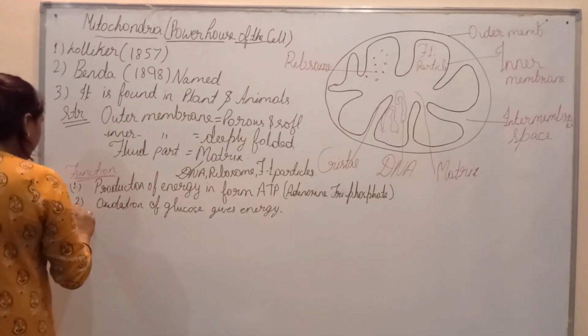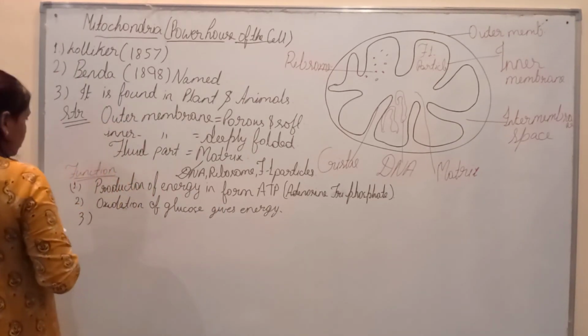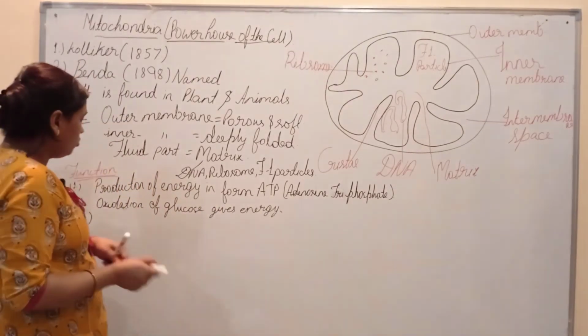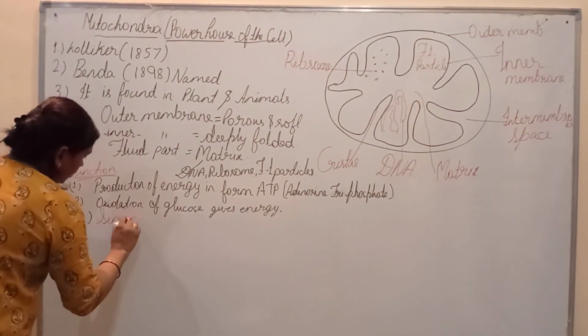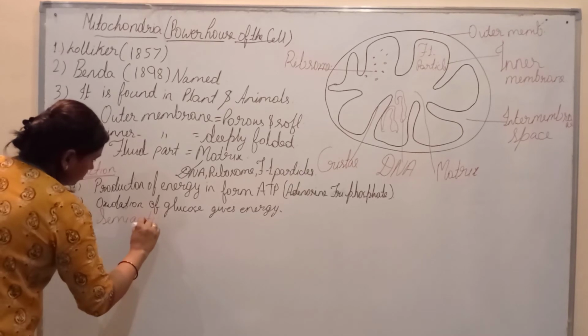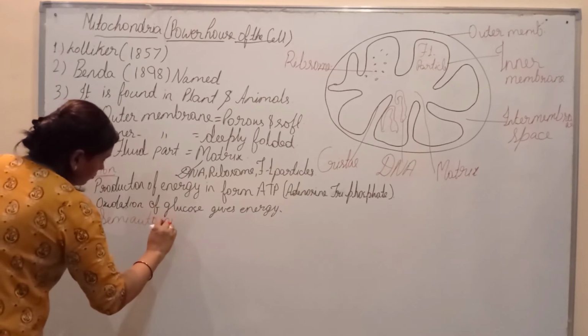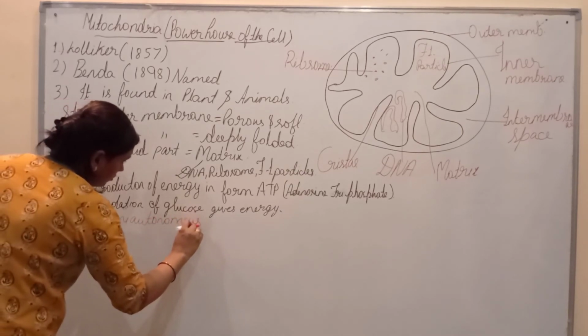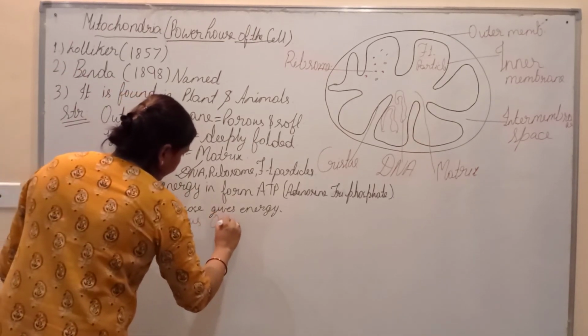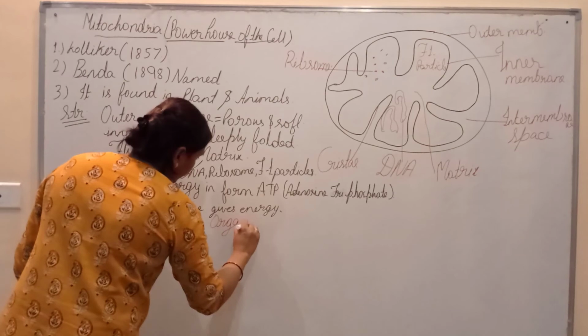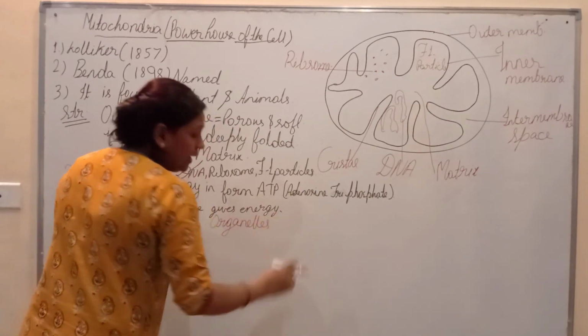And the third point is that mitochondria is also called a semi-autonomous organelle. Why is it called so?